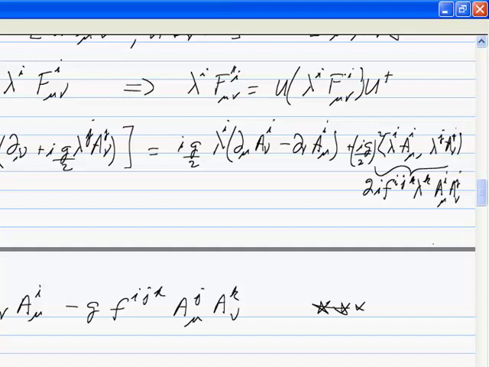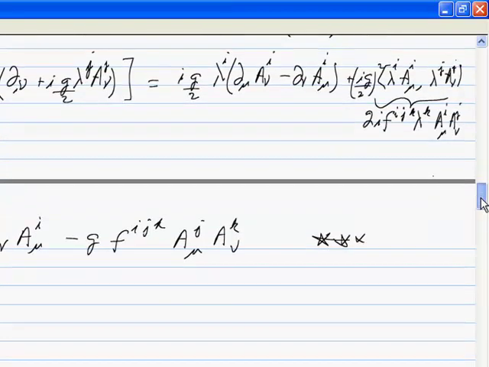Okay. So it has the usual piece like the photon piece, but it also has a piece with the interaction in it. And so these describe self-interacting gauge fields, the gauge fields that carry their own charges.